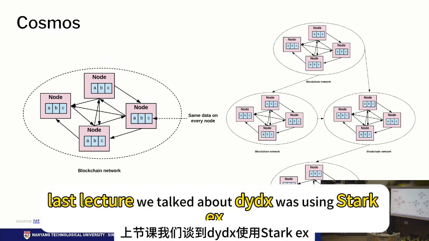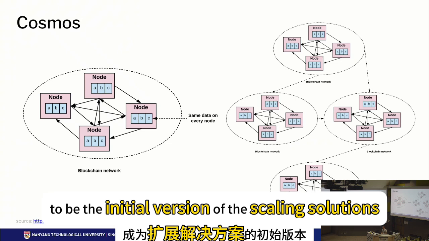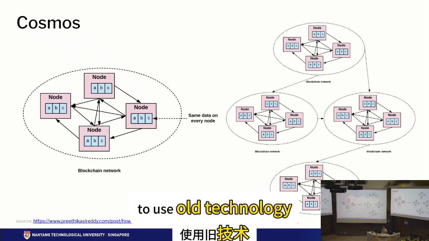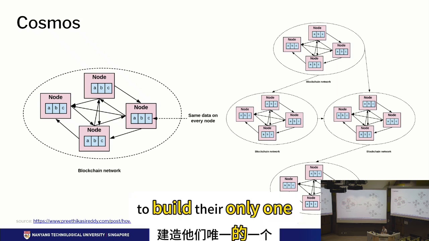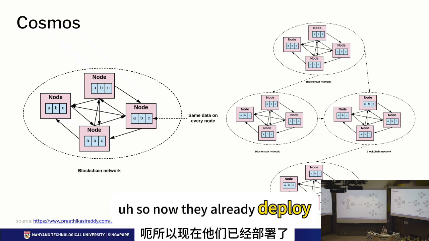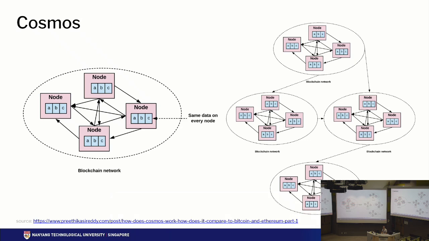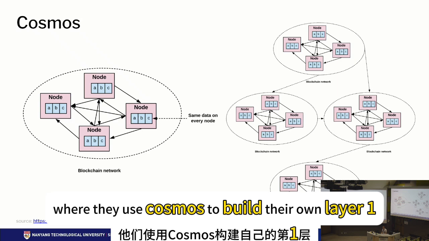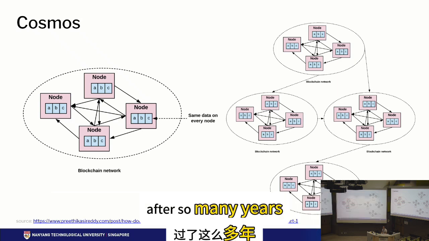Last lecture we talked about dYdX using StarkEx as the initial version of its scaling solution. But later on they decided to build their own layer 1 with this technology. Now they have already deployed, I think it should be version 5 of dYdX, where they use Cosmos to build their own layer 1 after so many years.